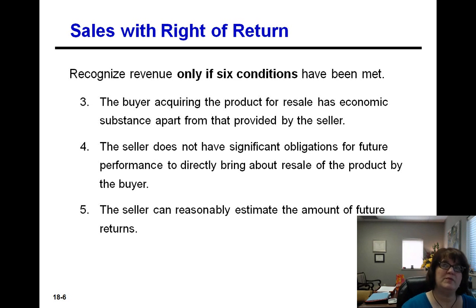All right, so in order to go ahead and recognize revenue, whether it's recognizing the revenue gross and estimating the returns, or recognizing it gross and waiting until you have those returns to account for them, the seller has to meet these 6 conditions. Otherwise, the rule is you just hold on till the return period expires and then you can recognize revenue.